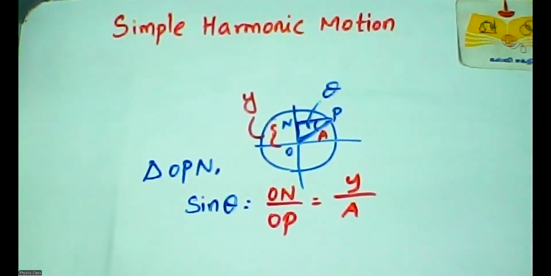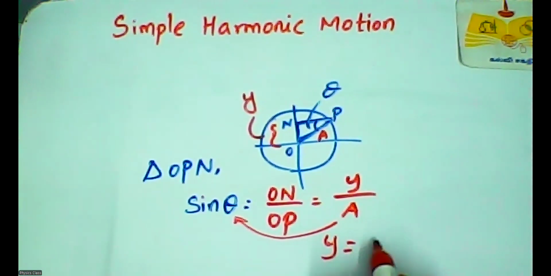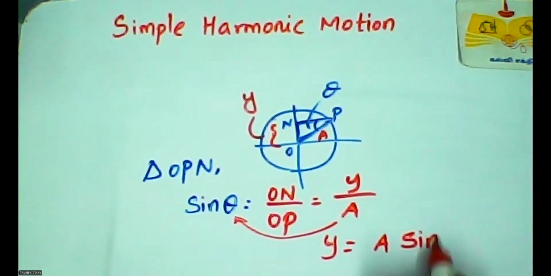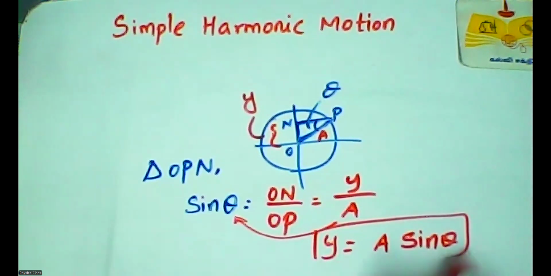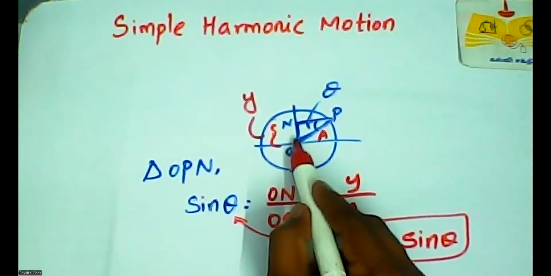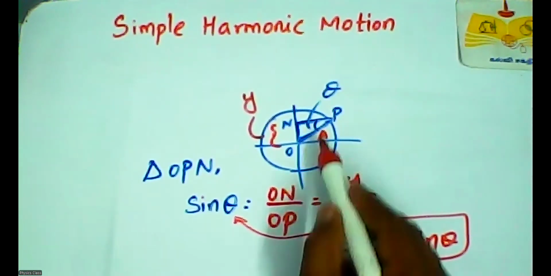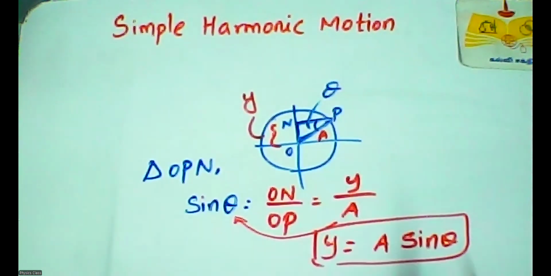Clear? Okay. Then we can take out A into here. So y is equal to A sine theta. Y means the object's distance from the origin point, which is equal to A into sine theta. A means radius, sine function, theta means the angular displacement value.